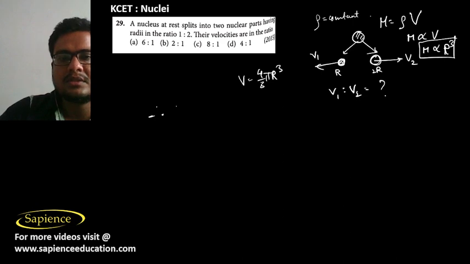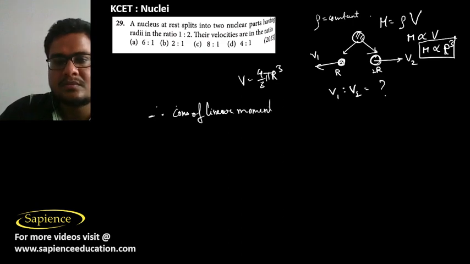Now here we apply the conservation of linear momentum of those two parts. Then we can say that, supposing the masses are m1 and m2, m1 v1 plus m2 v2 is 0, since initially the nucleus was at rest.